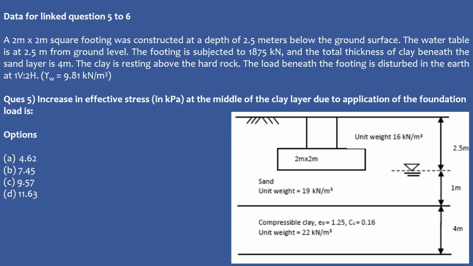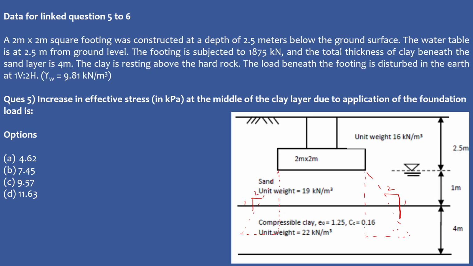So let's check the answer. You have a slope of one vertical, two horizontal.